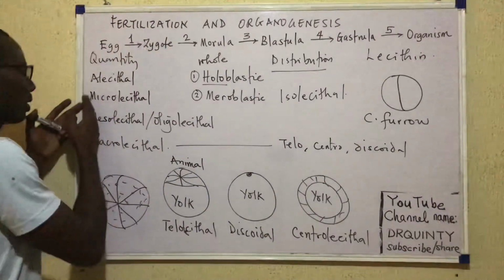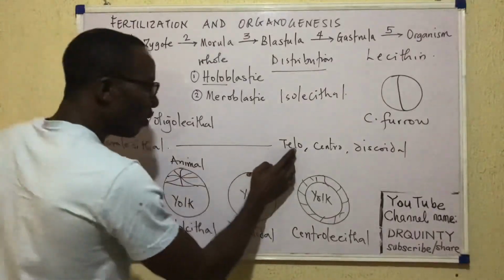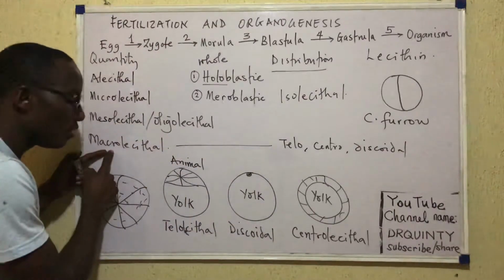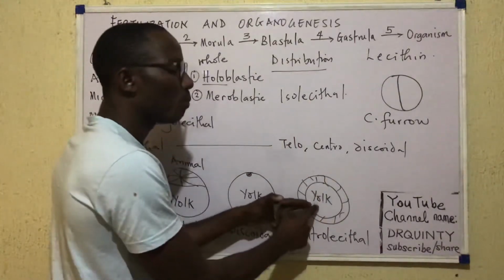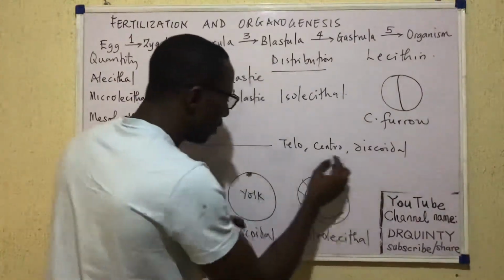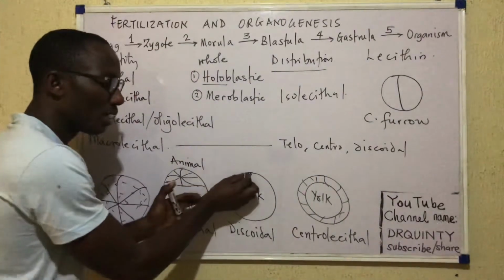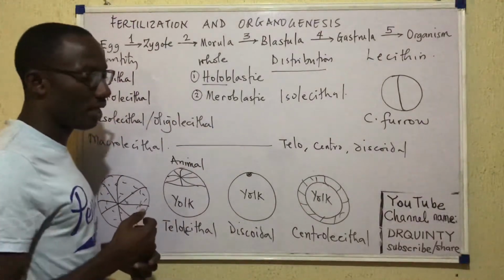Isolecytal, of course, when there's little yolk, it will spread all around. Telolecytal, when there's plenty yolk at a pole. Centrolecytal, when there's plenty yolk concentrated at the center. Discoidal, when there's so much yolk that clear cytoplasm is just a small disc on top of the egg.